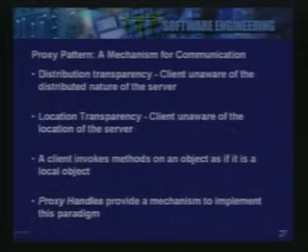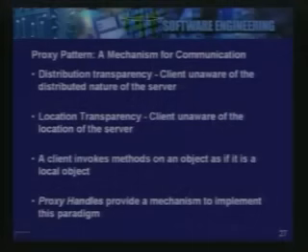over the network. So there are two aspects. Distribution transparency: the client is unaware of the distributed nature of the server, in the sense that the server is on a different system and the client is on a different machine. Location transparency: the client is unaware of the location of the server. Firstly, that it is separately located in a distributed system, and secondly, you don't even need to know where it is located.